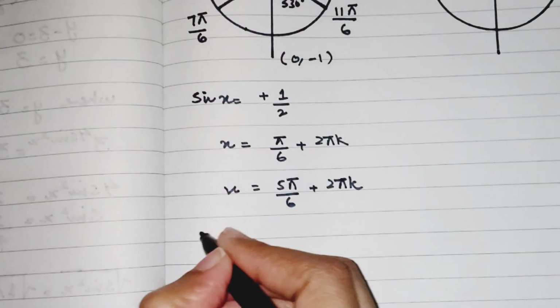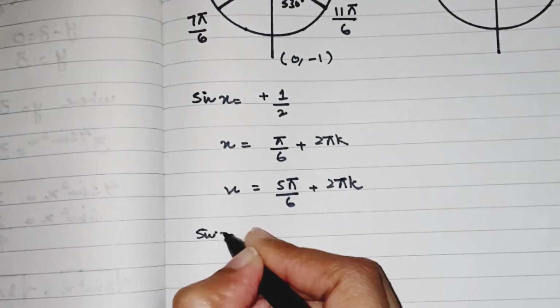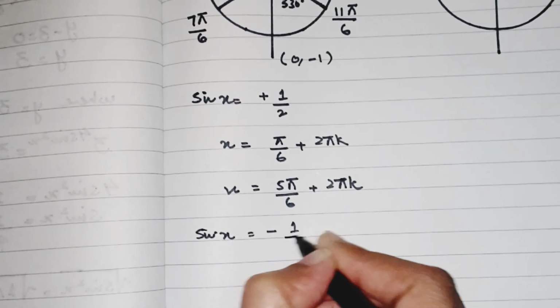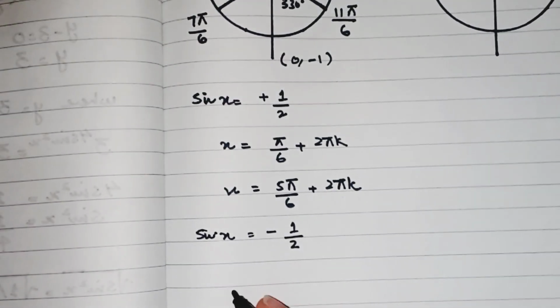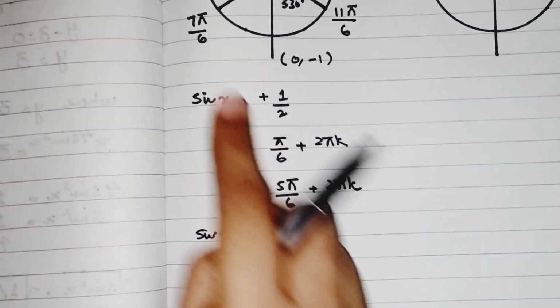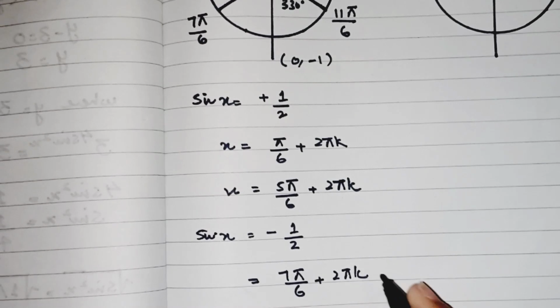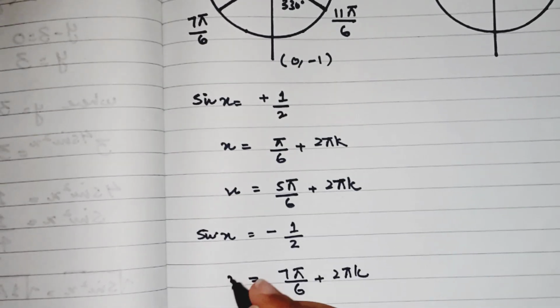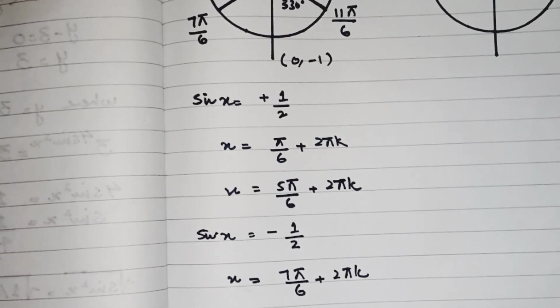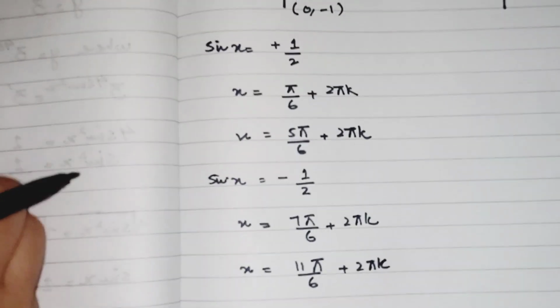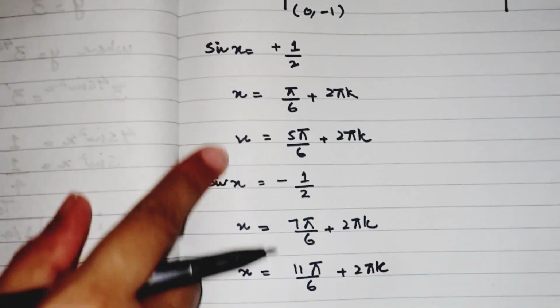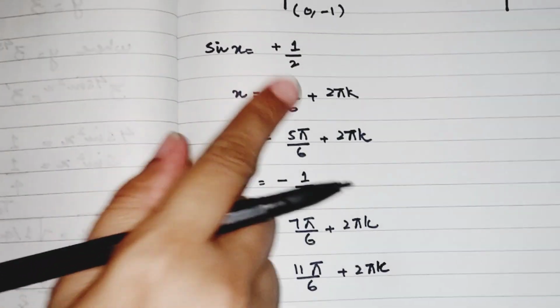Similarly for the negative one, sine x is equal to minus 1 upon 2, so the first value is 7 pi upon 6 plus 2 pi k, and 11 pi upon 6 plus 2 pi k. So these are the four values for sine x equal to plus minus 1 upon 2.